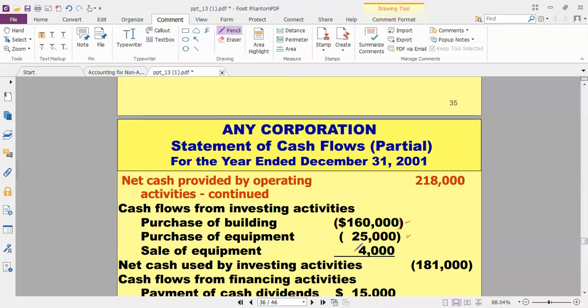So you look here, it is the positive amount. So 160 minus with 25, and then add on 4,000, you just get negative 181, negative 1,181 thousand. Did you understand how to calculate this?